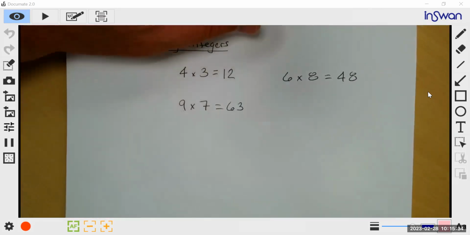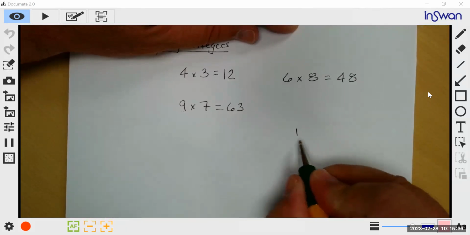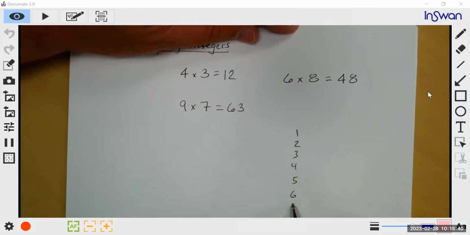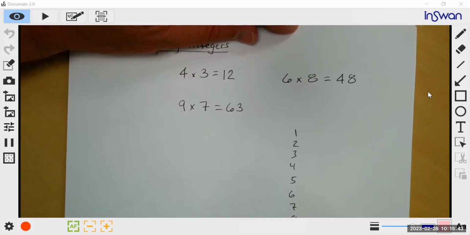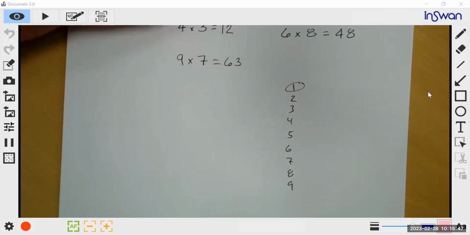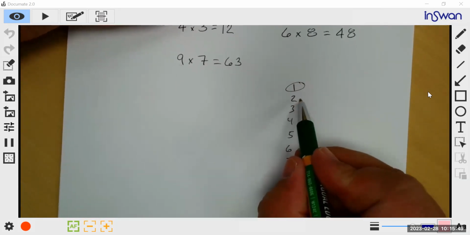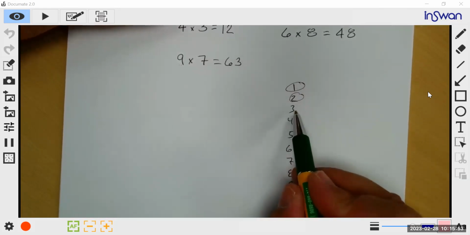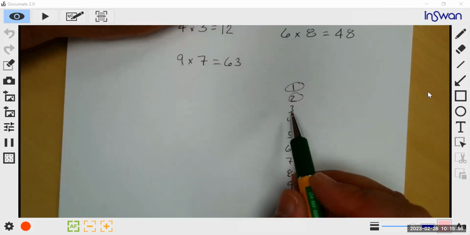So if you think about it, if we look at a multiplication table, multiplying by one's easy. Anybody have trouble with multiplying by 2? No. How about 3? Yeah, a little bit. Some people have trouble with 3.